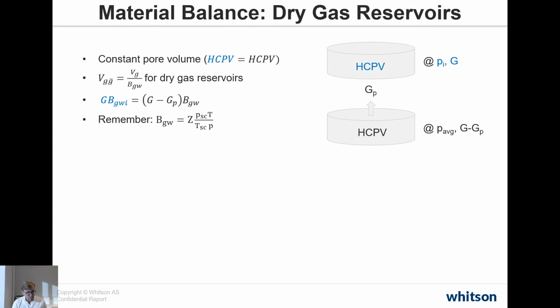When we're at that stage, we also have to remember the definition of the dry gas formation volume factor, which is Z times the standard condition pressure in absolutes, multiplied with the reservoir temperature. Then we divide that by the standard temperature and reservoir pressure.